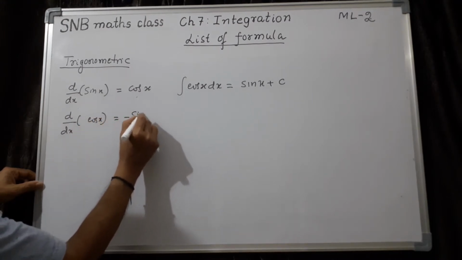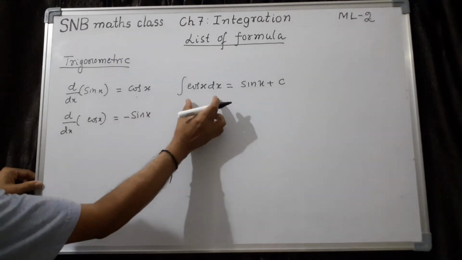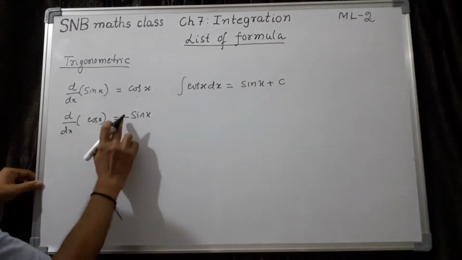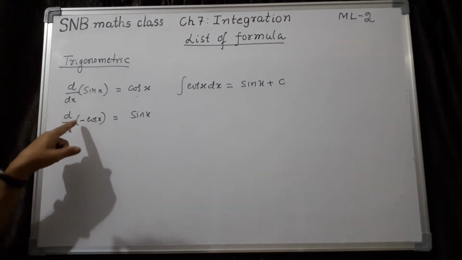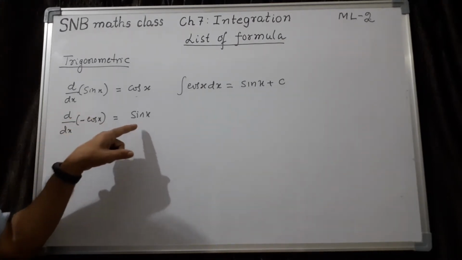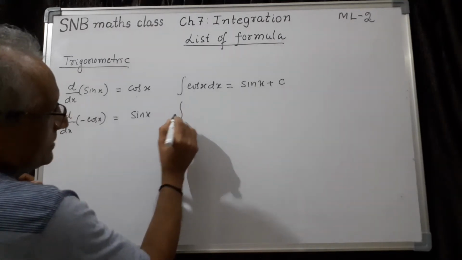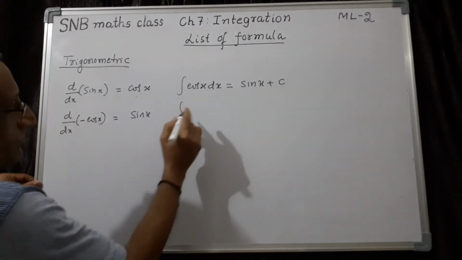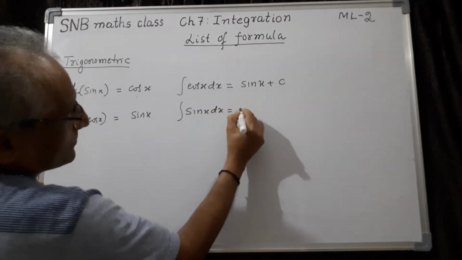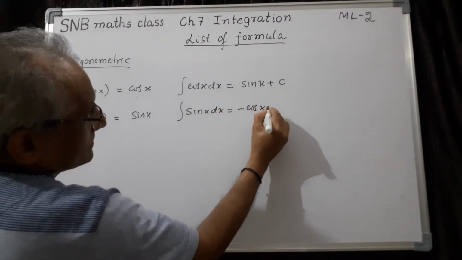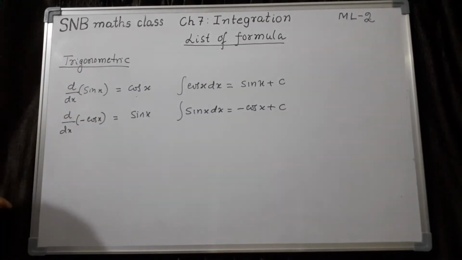But since I want a formula for sin x, this minus sign I will take here, so that differentiation of minus cos x is sin x. Therefore, integration of sin x dx will be equal to minus cos x plus c. So this is the formula.